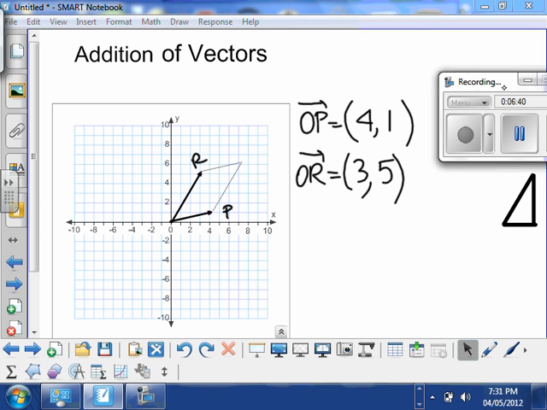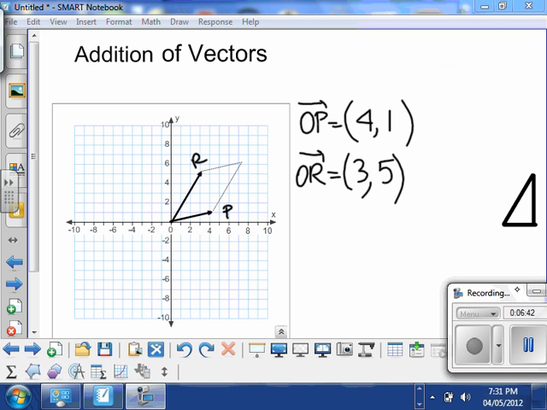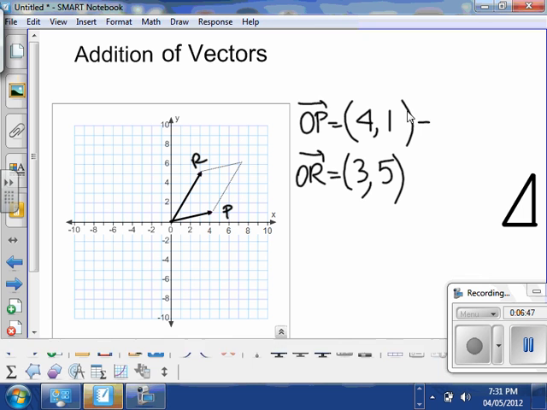Now let's practice the way we wrote these vectors using unit vectors. What is the way to write this one?